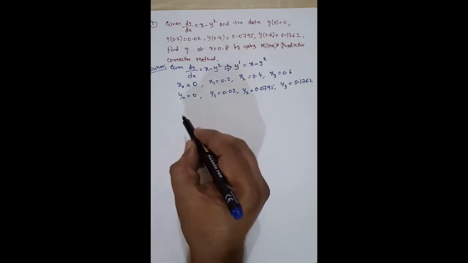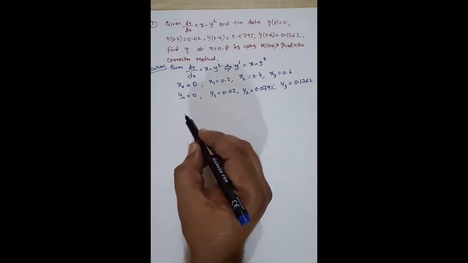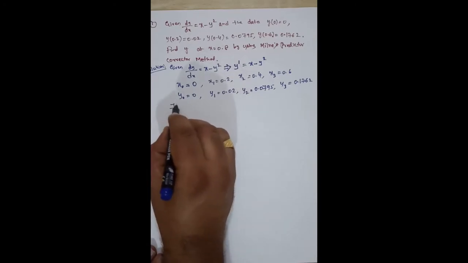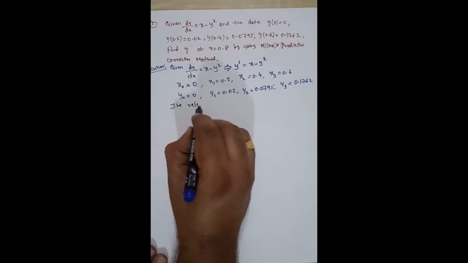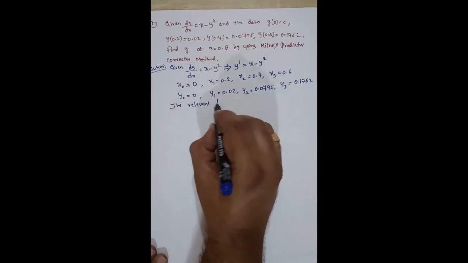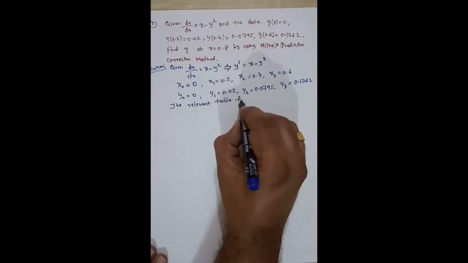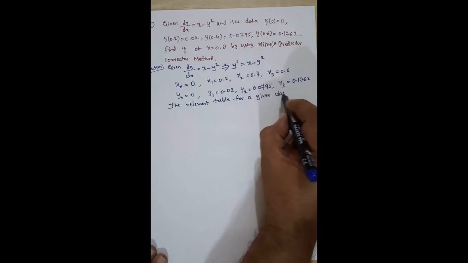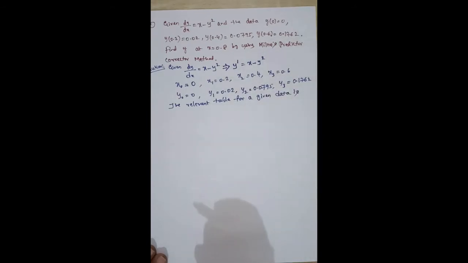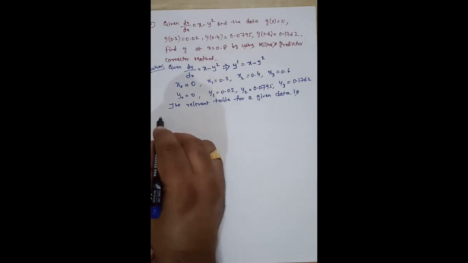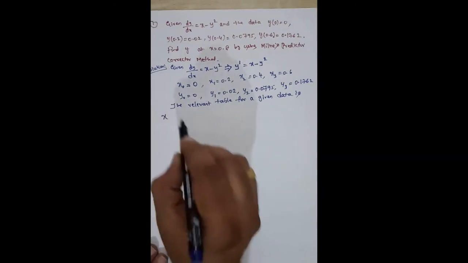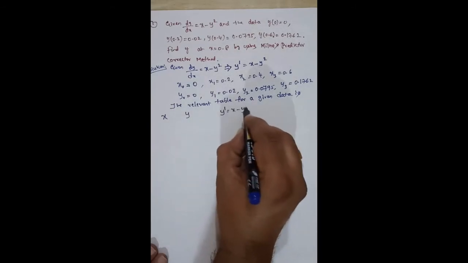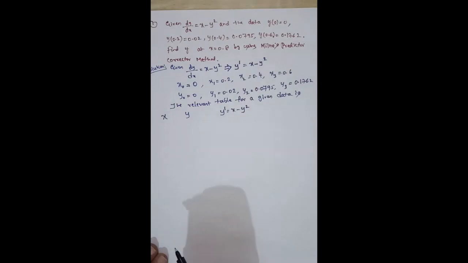Now the first step is construction of a table here, data table. So the relevant table for a given data is, so your data table should contain the values of x, then y, then y dash, and you know y dash is x minus y square, the given relation.